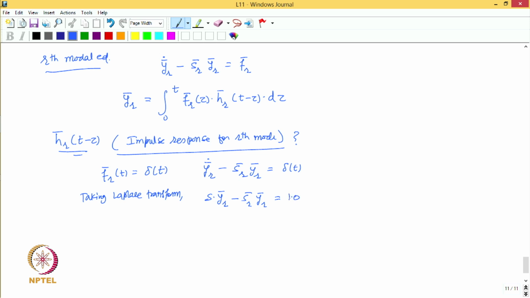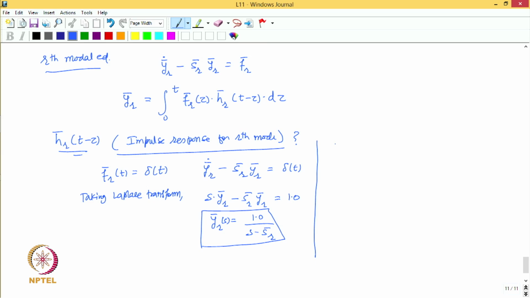So, therefore, from here what do I get? y r bar in the Laplace domain, y r bar s is equal to 1 upon s minus s r bar. So, I get an expression in terms of s, right, and then we can take the inverse Laplace transform of this.